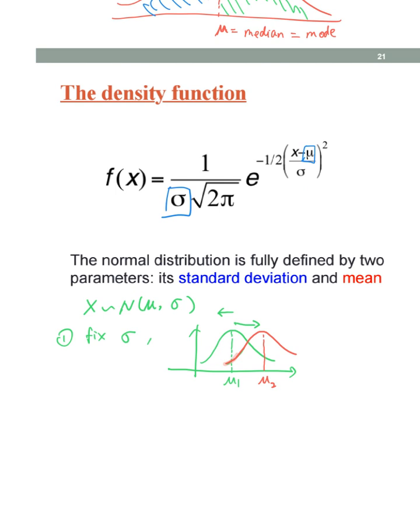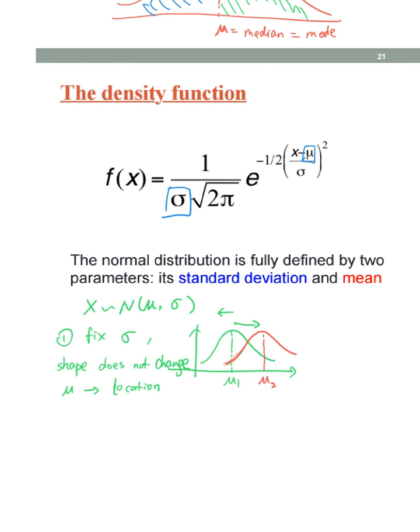So if sigma is fixed, the shape doesn't change. And if I change the value of mu, the mean value, it corresponds to the location of the bell-shaped curve.